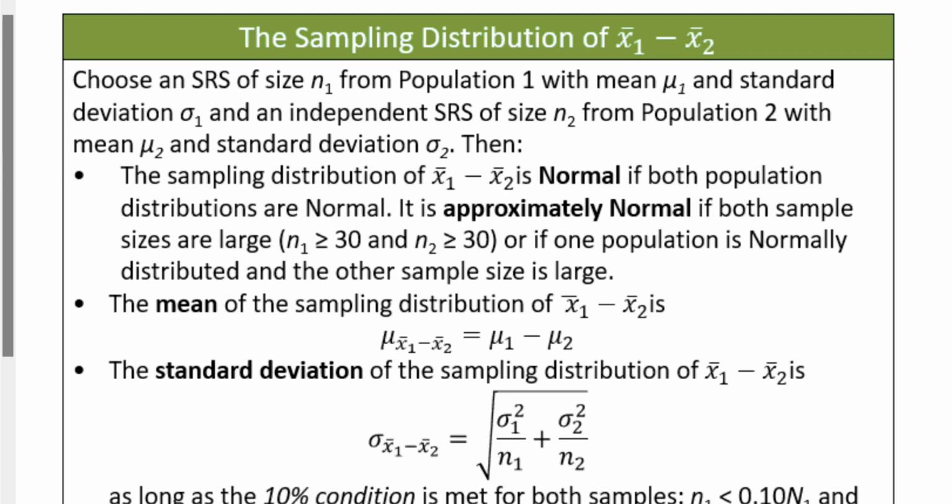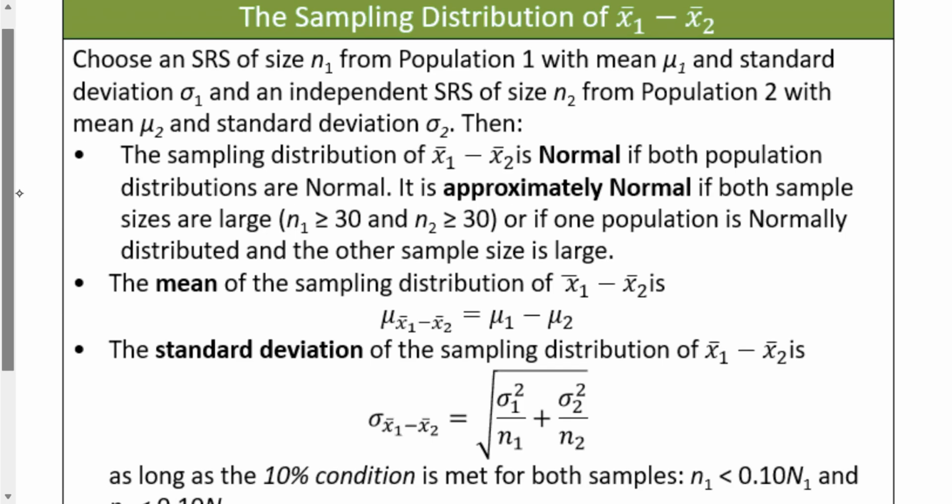Ultimately, something that's on your formula sheet, given for the AP exam, are these formulas for difference in sample means. You can write these in your notes. If you choose a simple random sample of size n from population 1 with a mean and standard deviation, and an independent simple random sample of size n from population 2, same deal.